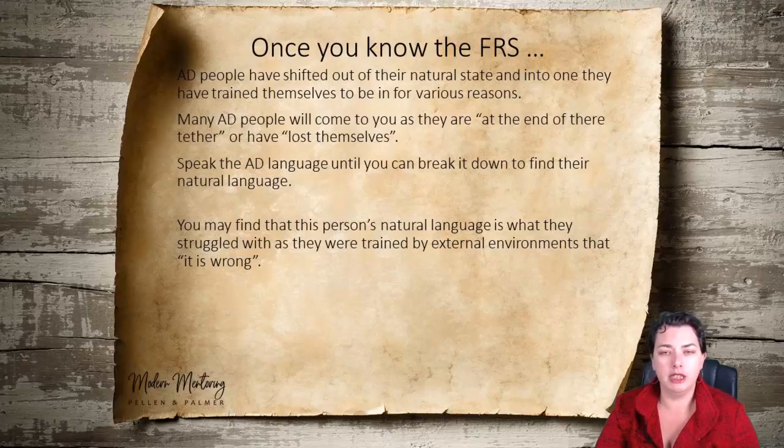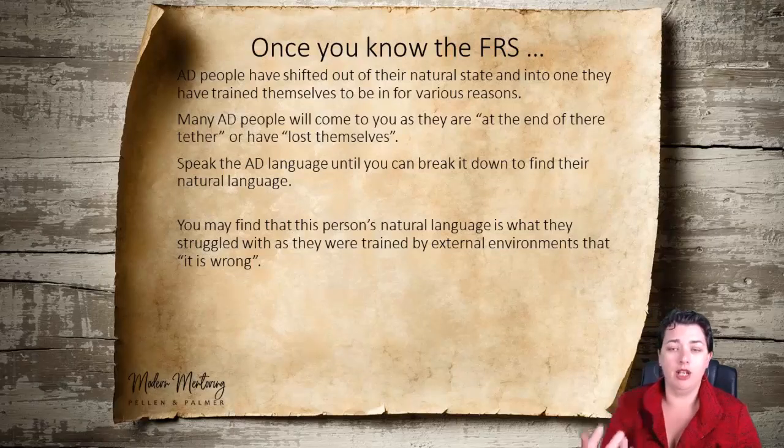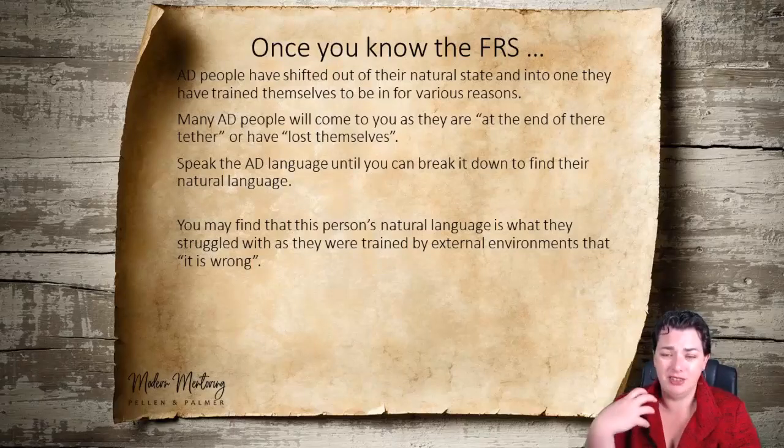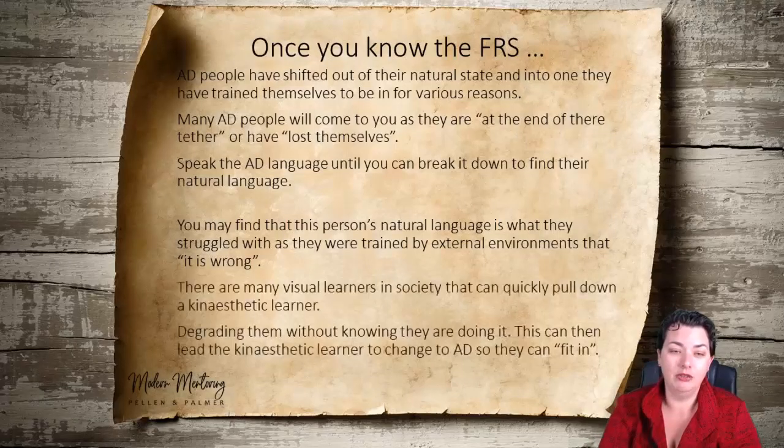There's a lot of kinesthetic people out there that actually get brought down, especially by visual people, because visual are very strong-natured, they're quick learners, they're fast to take on information and fast to engage, where kinesthetic tend to wear their heart on their sleeve, they're going with their emotions, and they just don't understand what it is that's so wrong. And then they start taking it personal, and they're like, what's wrong with me? No, there's nothing wrong with them. It's just that that person wasn't talking their language, that's all.